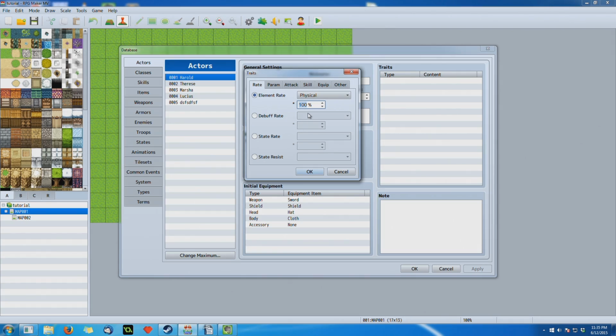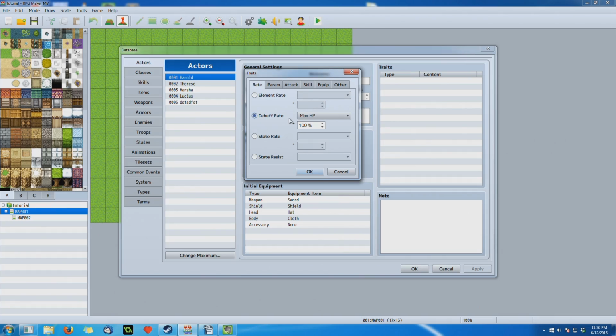But if the grass element attacks the fire element, then it only does 50%, so 50% less damage. You can set all those parameters here with this times 100. So 100 is default damage, no weakness or strength, anything above that is extra damage, and anything below is less damage. That's how that works, and the default setting is 100%.